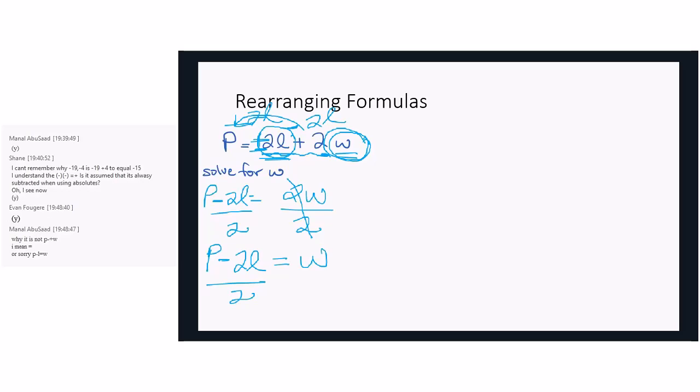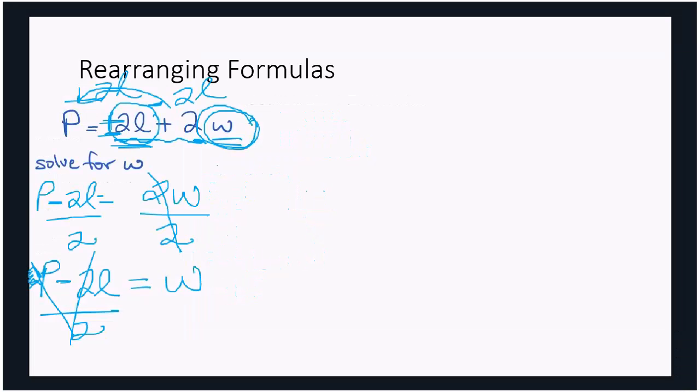Oh, because I can't cancel out the 2. The only way I can cancel out the 2 is if there was a 2 in front of the P here, and then they would both cancel out. But in this case, I can't cancel out because there isn't a 2 in front of the P. So I have to leave it as P minus 2L all over 2.